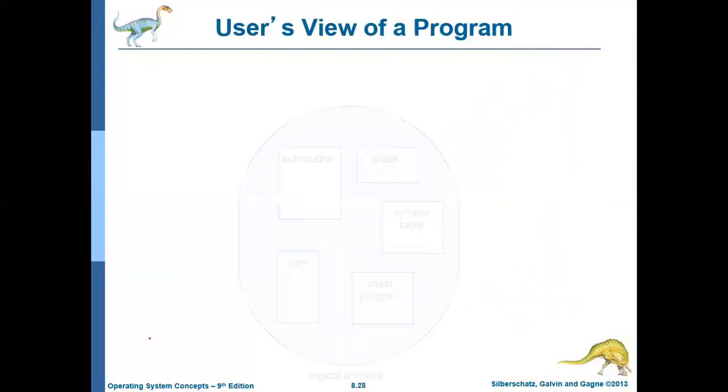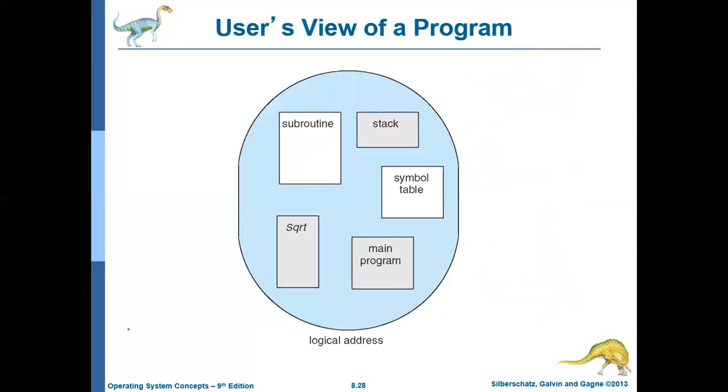As we already discussed, this is how a programmer views the memory. The total memory is available, and some part of memory is occupied by one subroutine, some other part is where the stack is stored, somewhere else the symbol table is stored, somewhere else the main program is stored, somewhere else some other function is stored. Each block is treated as one segment.